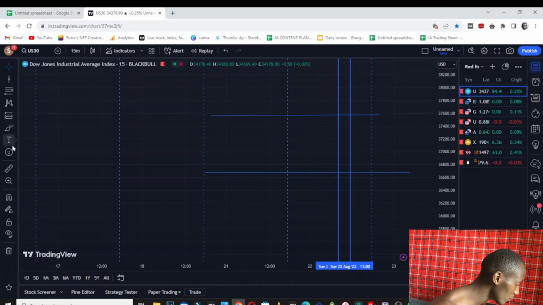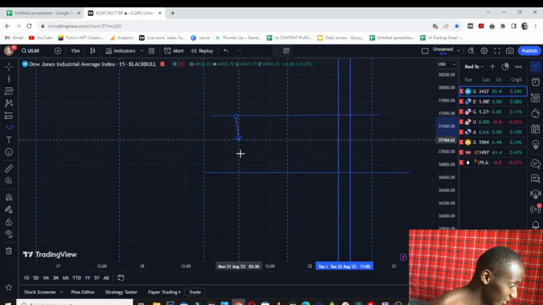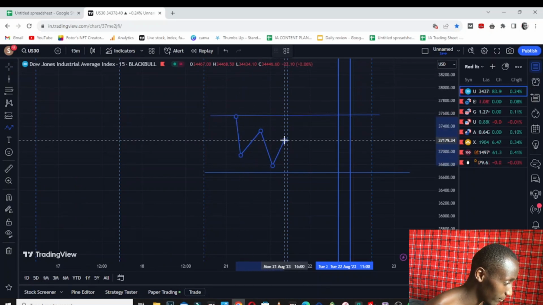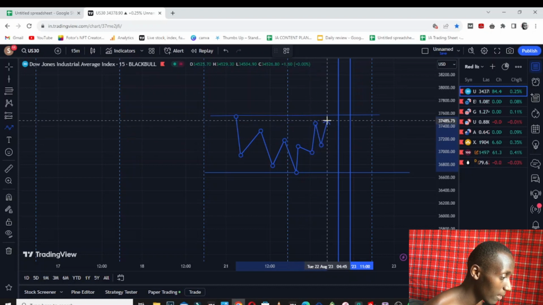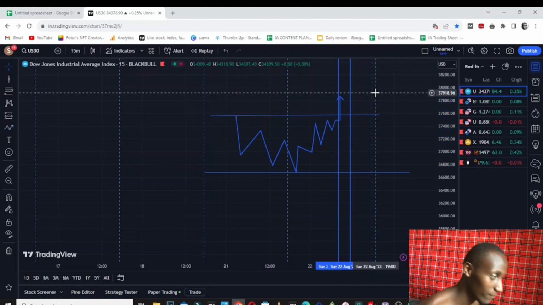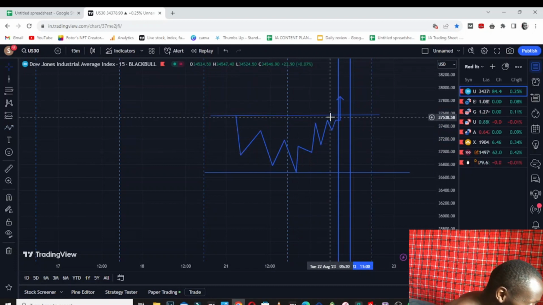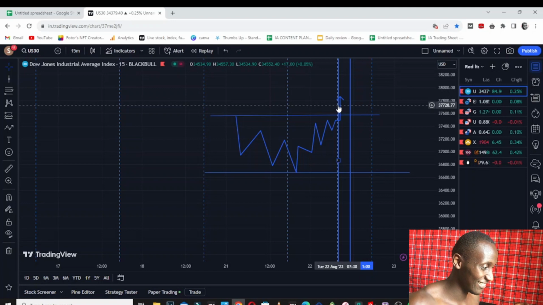So let me show you. Price doing its thing, setting up the high, the low. Now on Wednesday, what we want to see between 8 and 11 is price shooting up. Once we have price shooting up, then we have our first animal, our first prey.